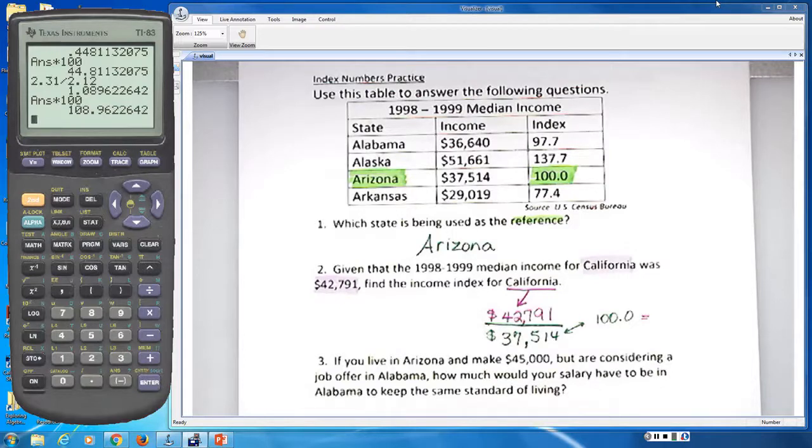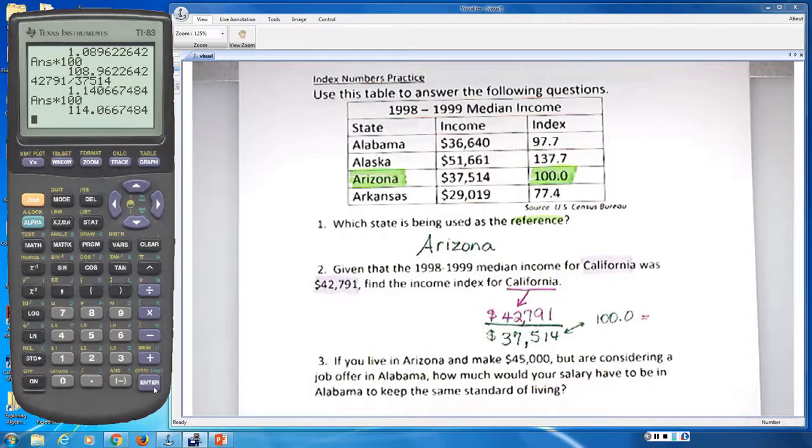So let's do 42,791 and divide it by 37,514, and then multiply by 100 to change it into an index value.